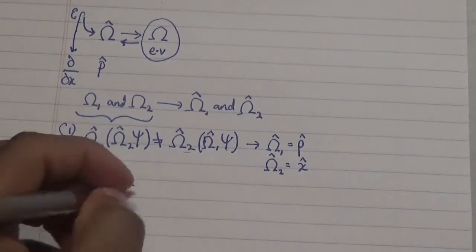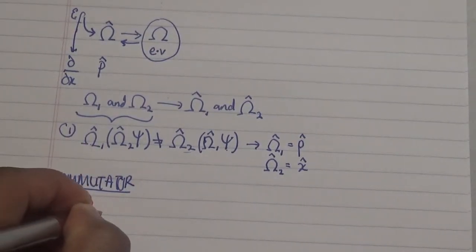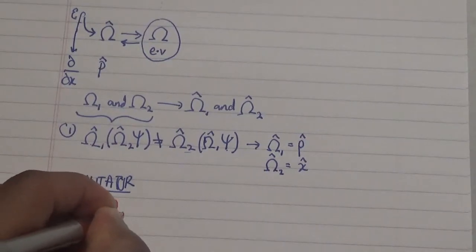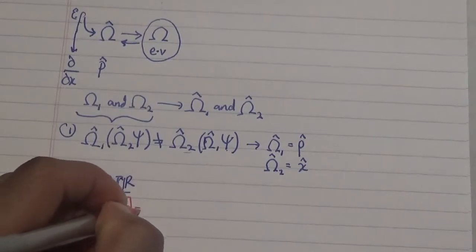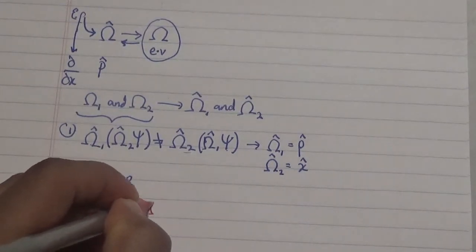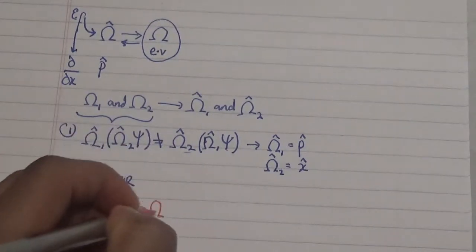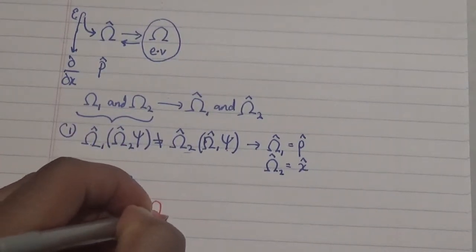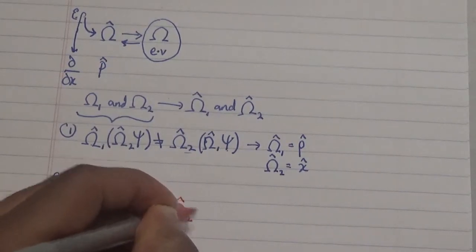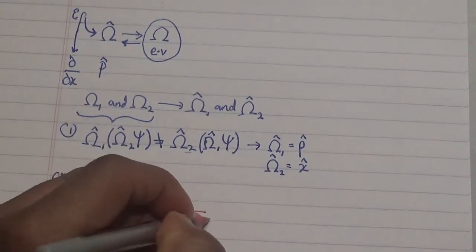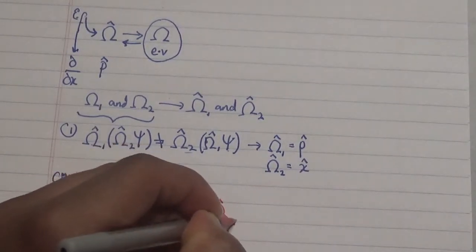So if you have your operator 1 with respect to operator number 2, what we notice is that there is a difference in terms of the actual order between operator 1 and operator 2, when you find the difference between the different orders in which they are arranged.